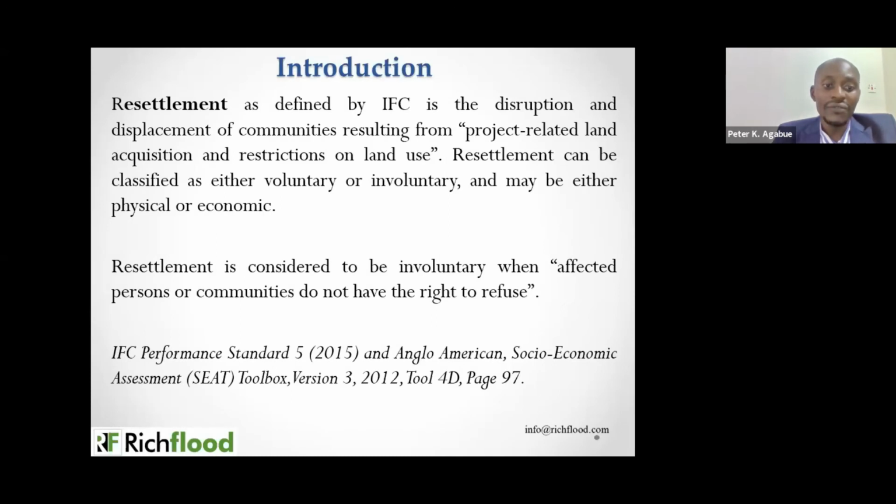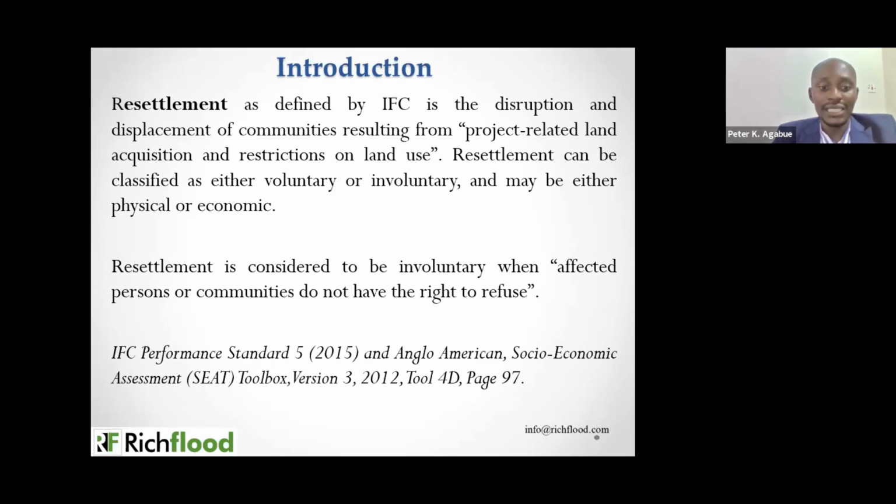A resettlement can be classified as either voluntary or involuntary, and it may be either physical or economic. A resettlement is voluntary when the resettled households have the choice to move. When the voluntary nature of resettlement cannot be confirmed, resettlement should be treated as involuntary.